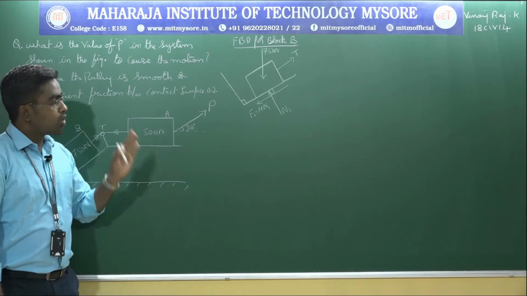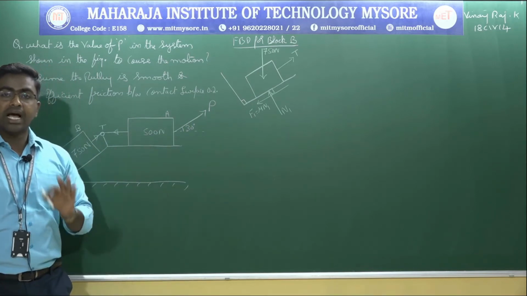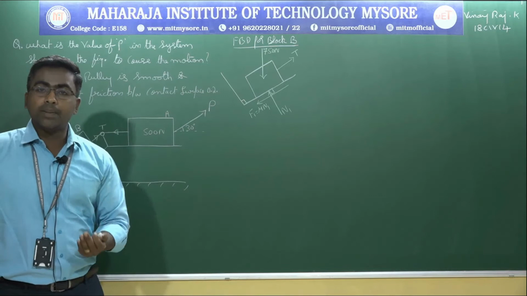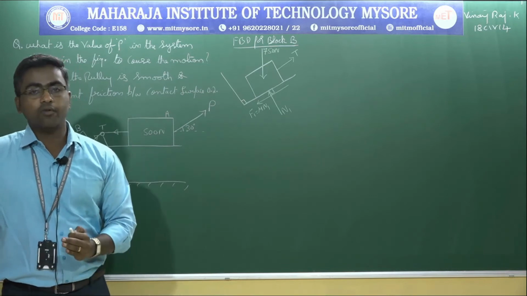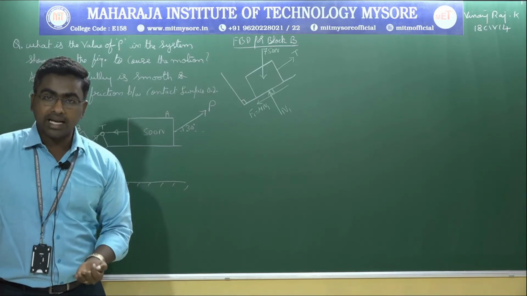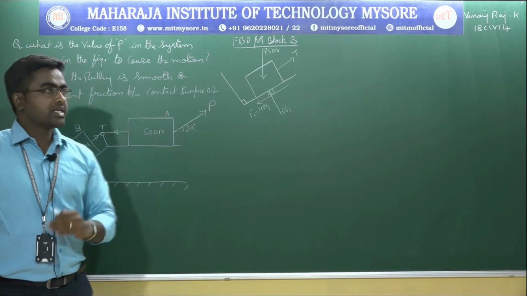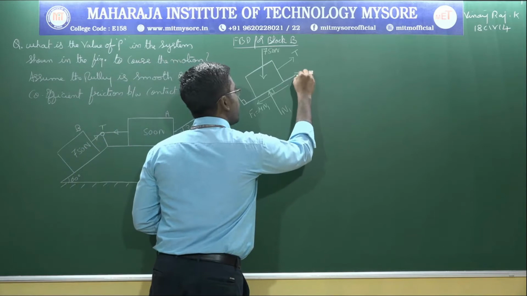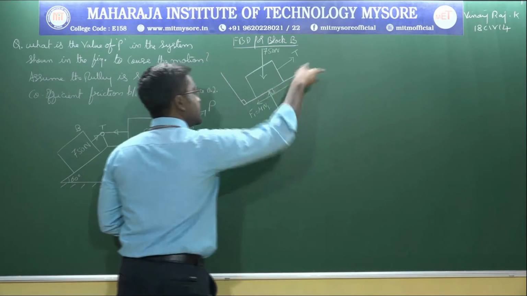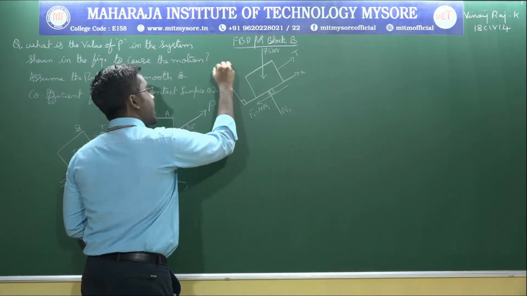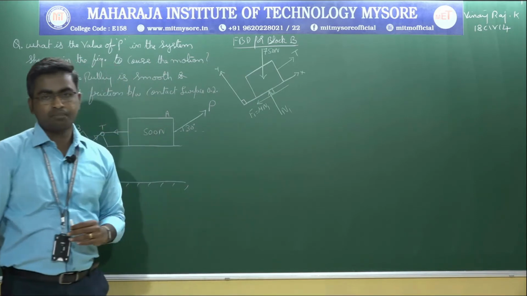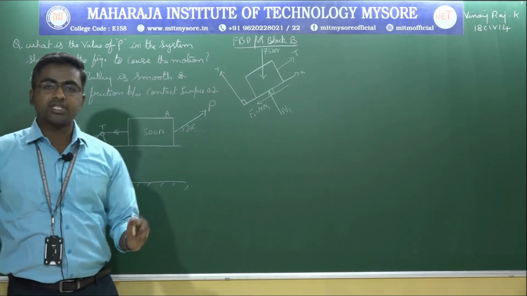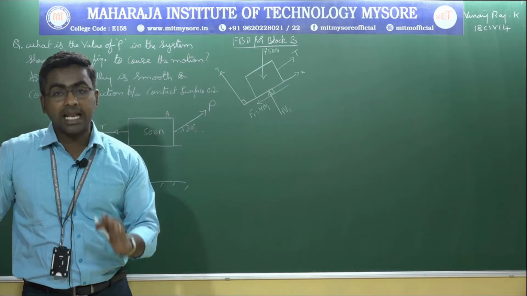Right? This block is inclined, so I need to decide which will be the horizontal and vertical forces and which will be the inclined forces. In order to decide that, first I am going to finalize the directions for this free body diagram. This will be the x direction and this will be the y direction. According to these directions I need to resolve the inclined force.